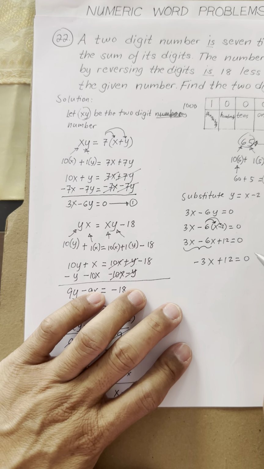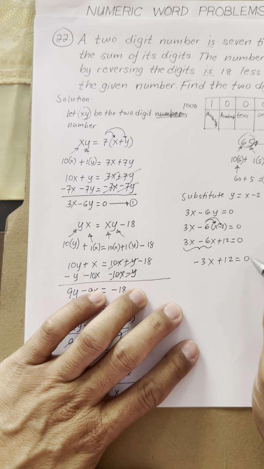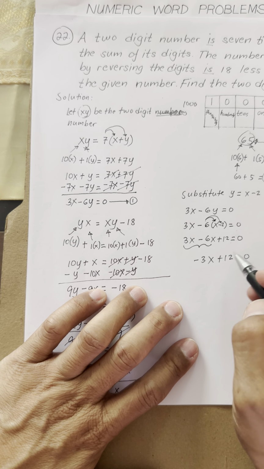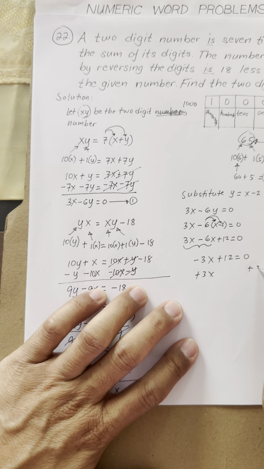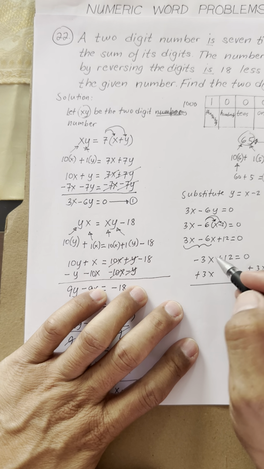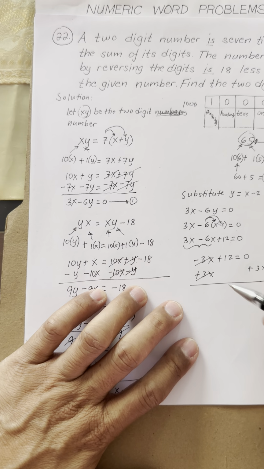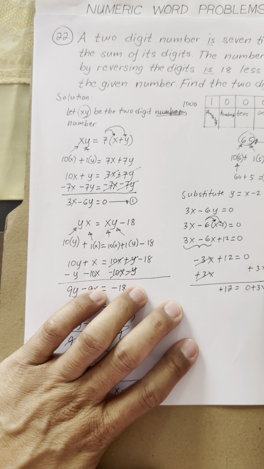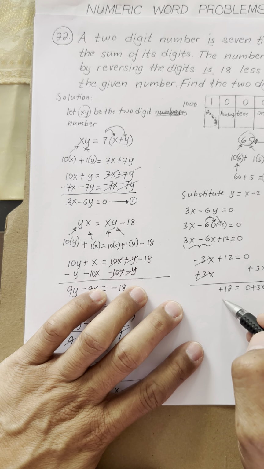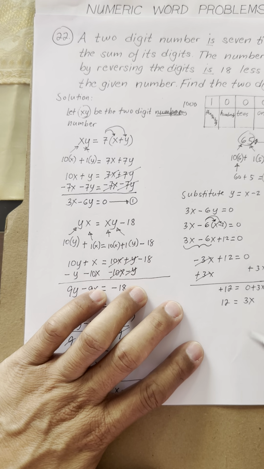So to solve for x, so that we get a positive x, we can add 3x to both sides. Negative 3x cancels out with negative 3x, leaving positive 12 on the left side, equal to 0 plus 3x, which is 3x.